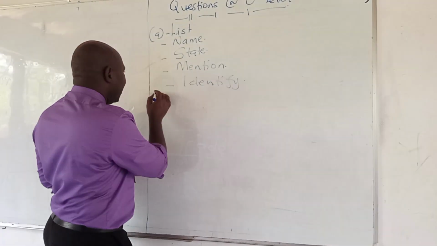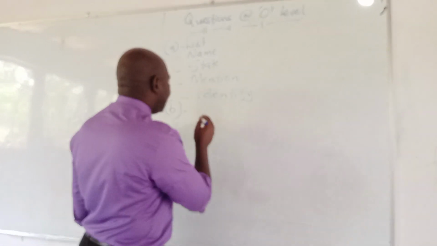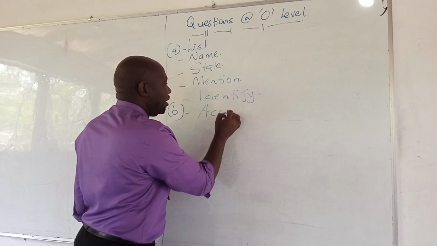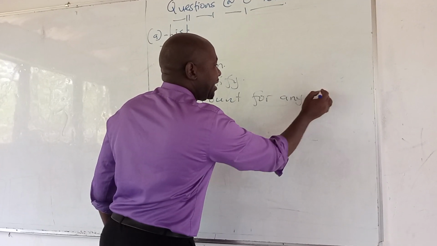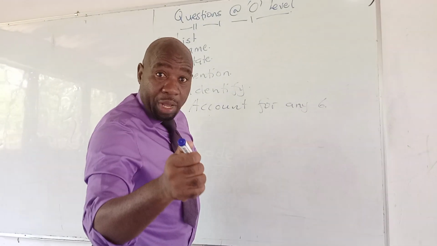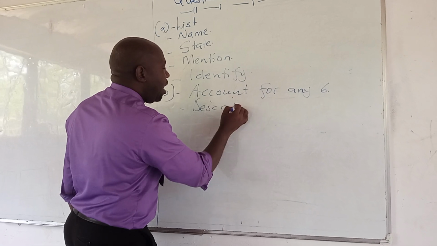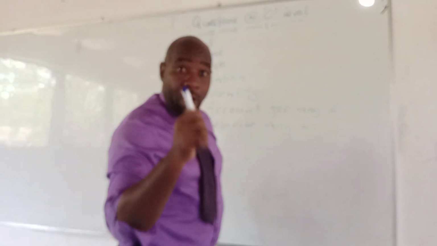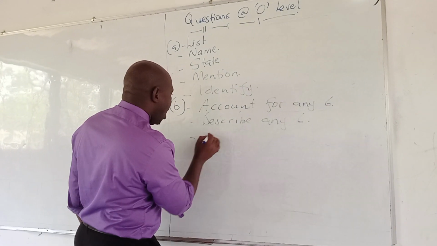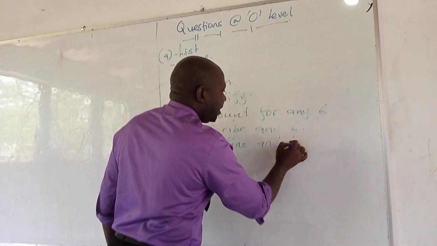What should be done when you answer part B? Part B wants students to account for any six. It also wants students to describe any six. It also wants students to outline any six.